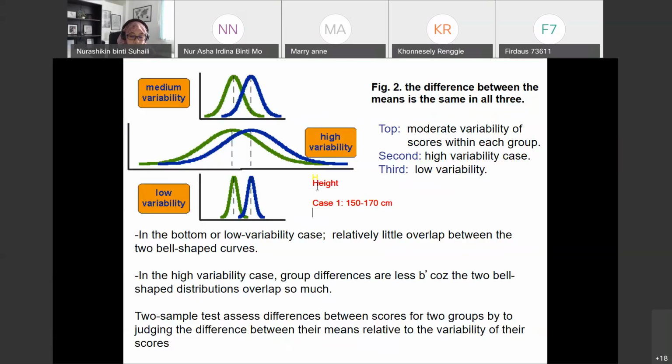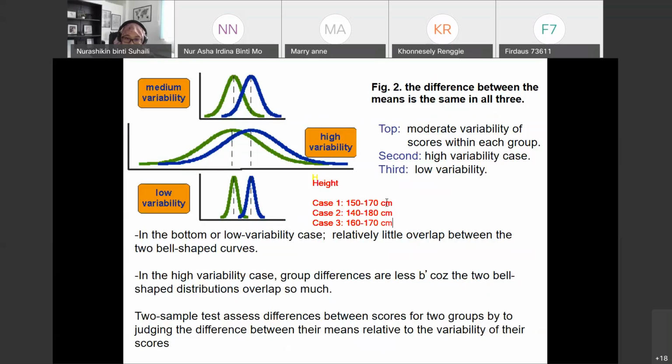Okay. Case two, let's say 140 to 180. So you can see that there is a difference between the range of the distribution.